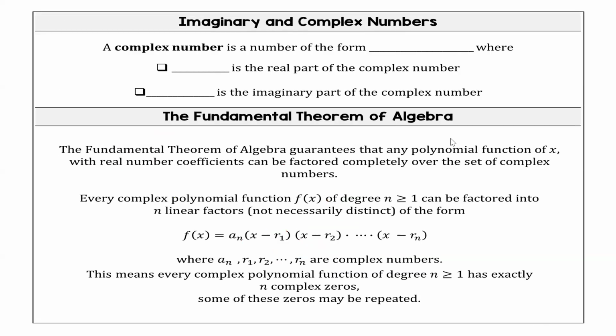Okay. So complex number. A complex number is a number written in the form of a plus bi, where a is the real part of the complex number and bi is the imaginary part of the complex number.